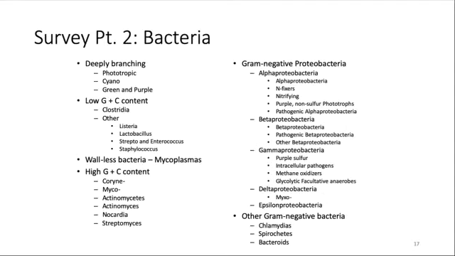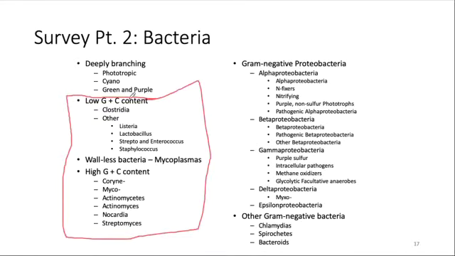On the slide that you're currently looking at, all these bacteria are gram-positive. The rest are all gram-negative. However, I'll treat them this way. We'll begin with deeply branching bacteria, mainly because they inhabit very similar conditions as the archaea, so I want to treat them right after archaea.